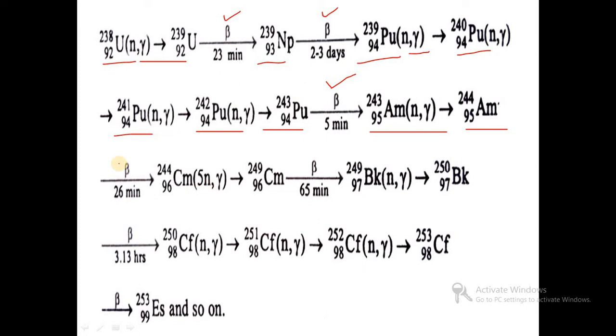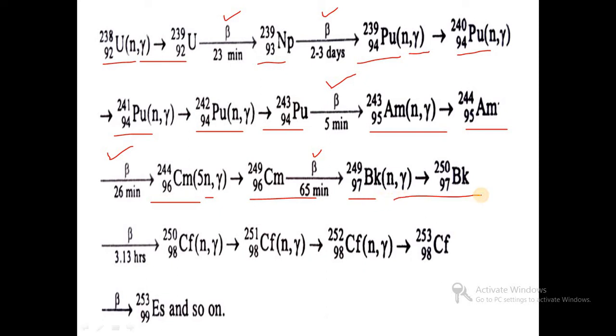95-244, which undergoes beta, and we get the higher element curium 96-244, which undergoes n-gamma five times. We get curium 96-249, which further undergoes beta, and we get berkelium 97-249.